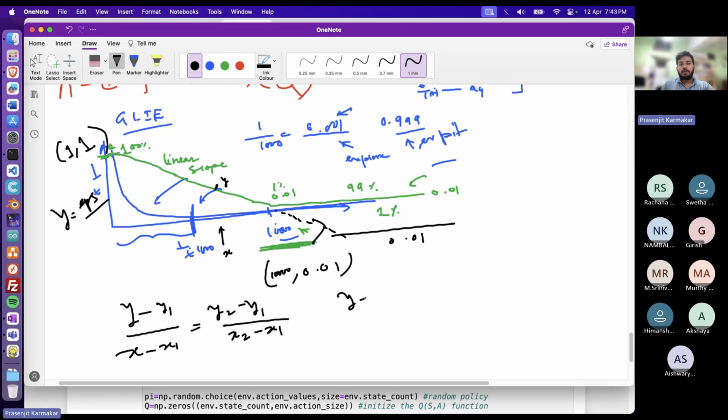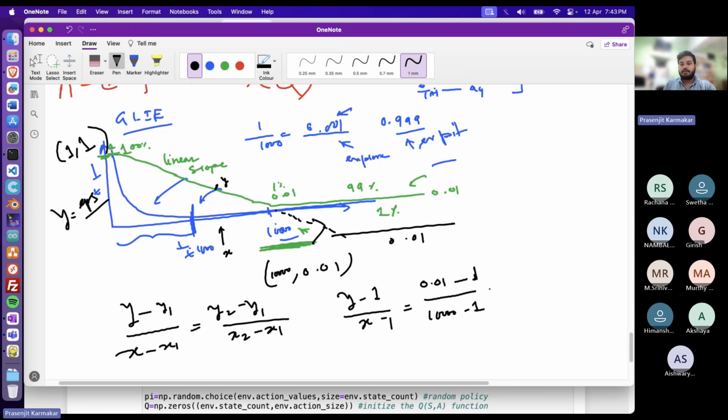So y minus y1 is 1, x minus x1 is 1, and then you have y2. Y2 means y2 is 0.01 minus y1 is 1 divided by x2. X2 is this last one, x2 is 10,000 minus x1 is 1, right?